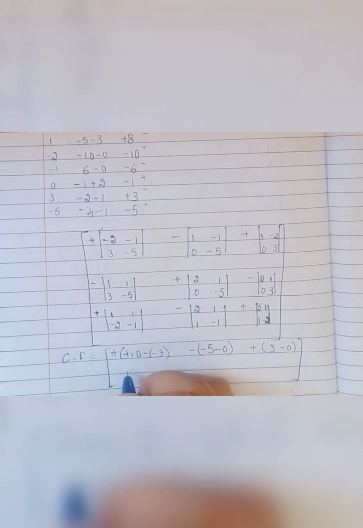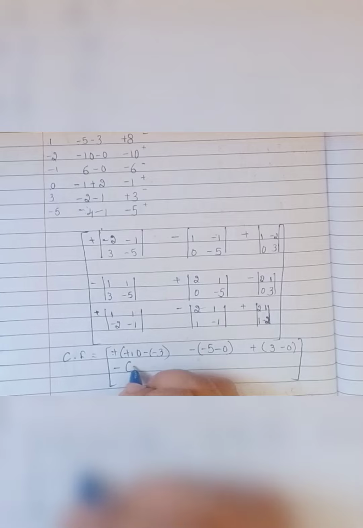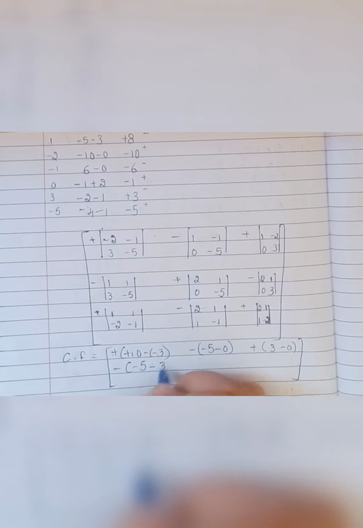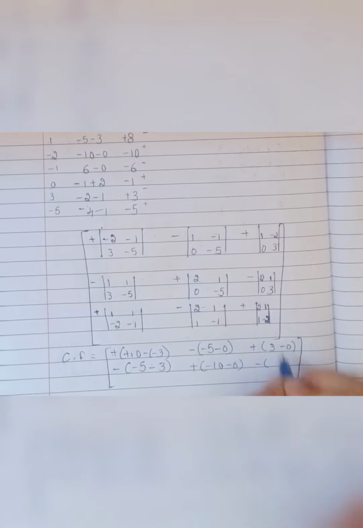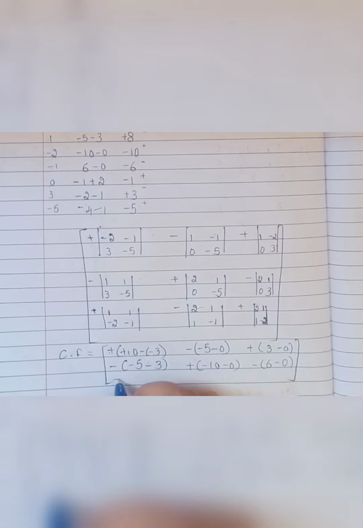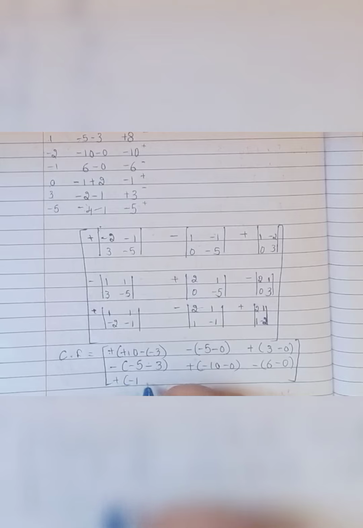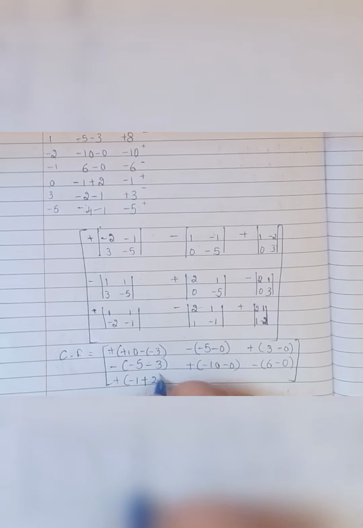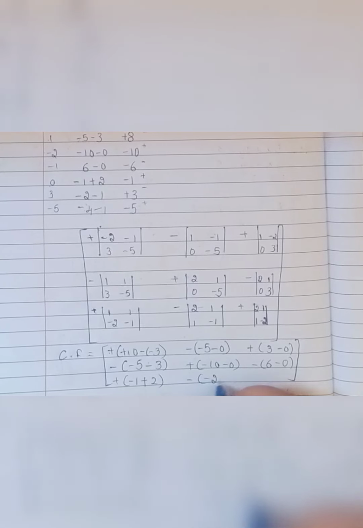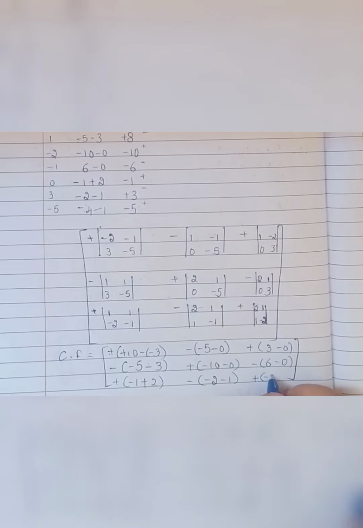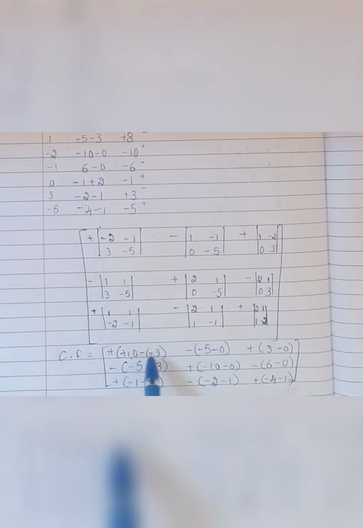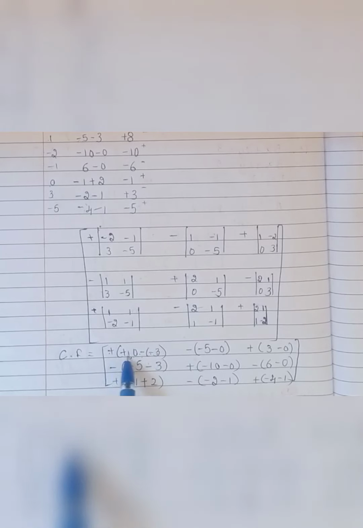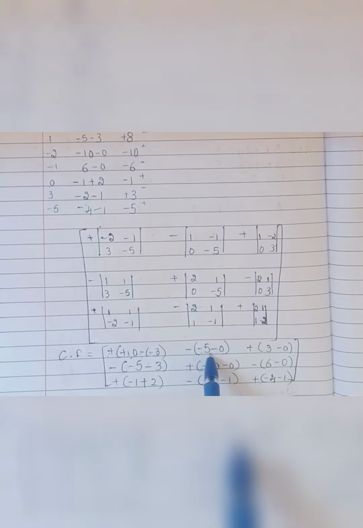And then minus of minus 5 minus 3, plus minus 10 minus 0, minus 6 minus 0, plus minus 1 plus 2, minus 2 minus 1, plus minus 4 minus 1. Okay, so 10 minus of minus is plus 3, 10 plus 3 is 13, plus 13, minus 5 minus 5 into minus is plus 5.